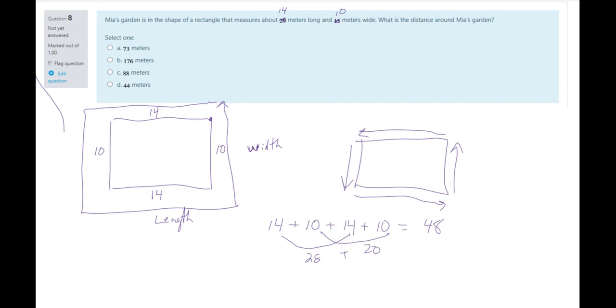Or some people might go 10 plus 10 plus 10 plus 10 is 40, plus these leftover 4s, so I got 8. Whatever way you get up to it, they all get you to 48, and that's the cool thing with math, there's all these different relationships of ways we can break numbers up to make them easier for us to add up to the answer. That's all you're doing.